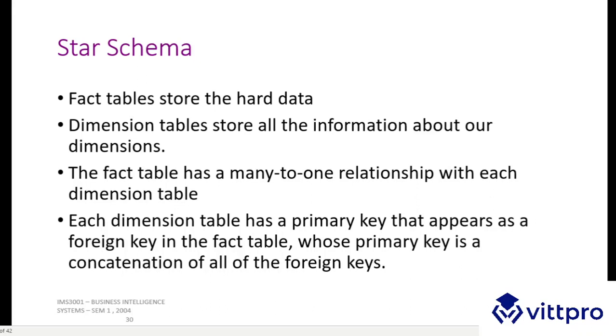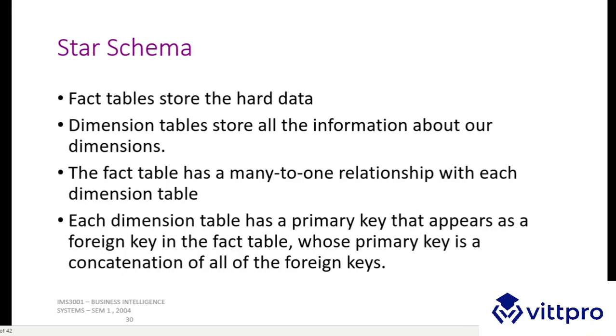The customer has a name, a type, an address. The address also has state, country, pin code, maybe the street number, and a phone number. All that data will be captured into different dimension tables along with the fact table. So that's the way of capturing the data.